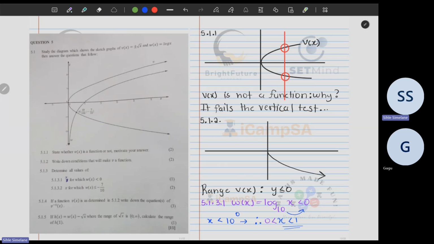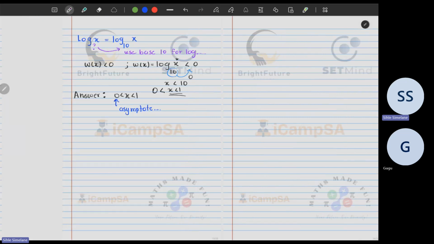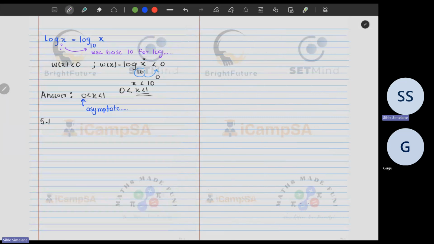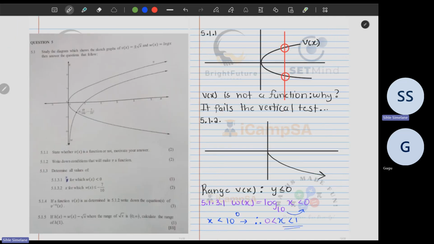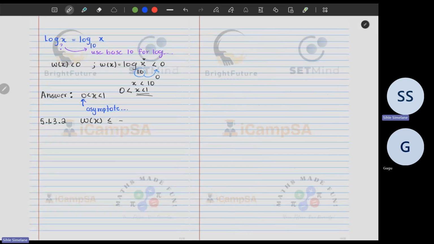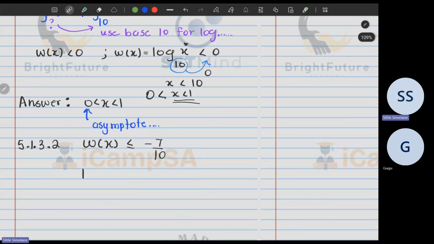So let's go to 5.1.3.2. So what they're saying there, they want x values for which our w of x is less than negative 7 over 10. So we know w of x, that is log with base 10, and this should be less than negative 7 divided by 10.